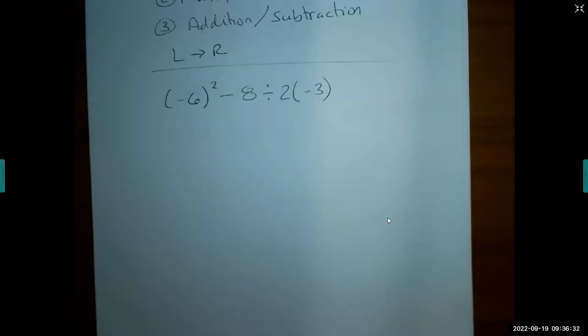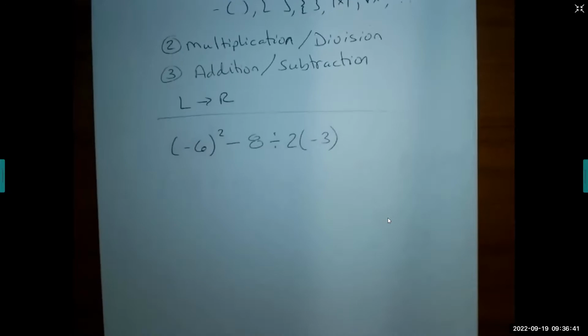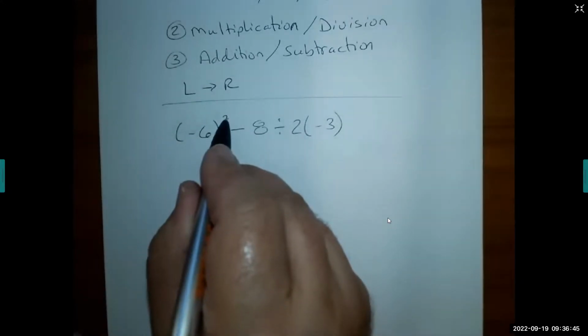What do you do first here? Look at that. Are there any special operations? Yeah, exponents. This is an exponent. So we have to do this first. What does an exponent mean?